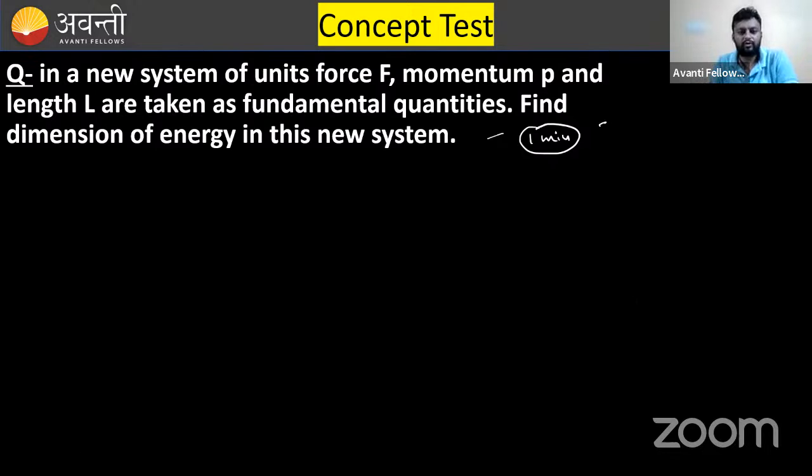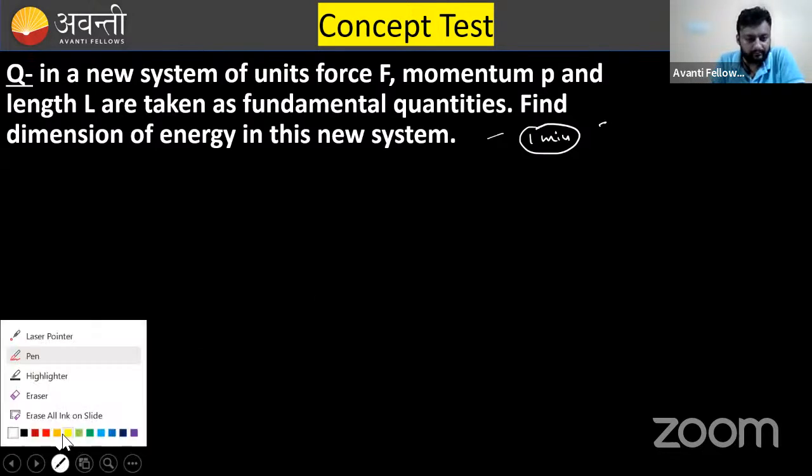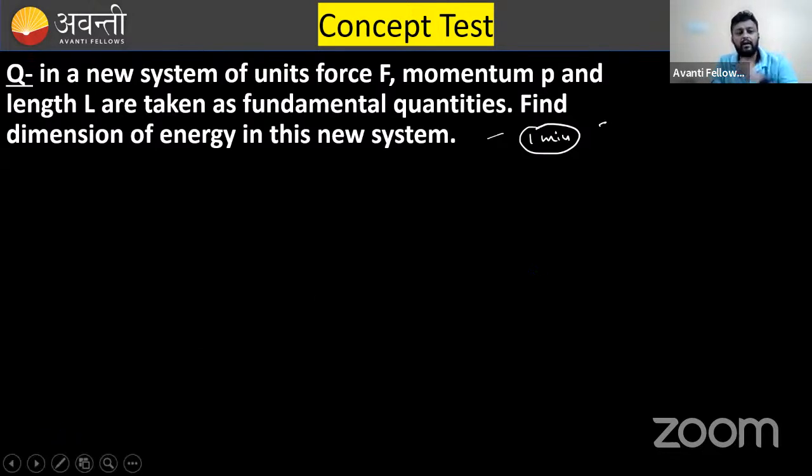Okay, so I'm going to solve this question right now. In a new system of units, force, momentum, and length are taken as fundamental quantities. Find the dimension of energy in this new system. So they are asking the dimension of energy. First of all, let's suppose energy is proportional to these three quantities: force, momentum, and length L. Clear?